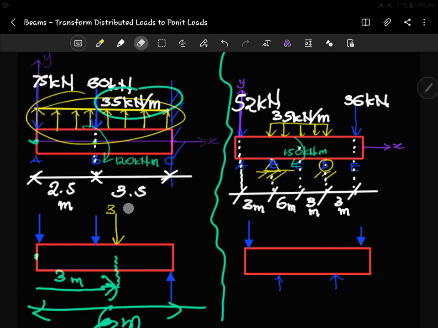But this 35 is not just 35, it's acting on the entire beam with the whole length here, which is 6, right? So we say 35 times 6, that gives us the point load, right? So it ends up being 35 times 6 kilonewtons, right? And that's the position.